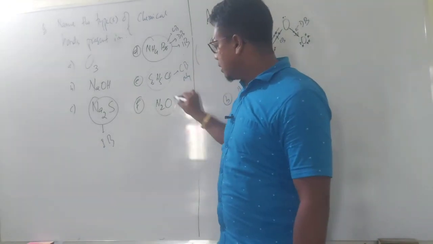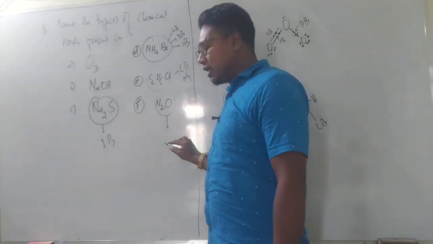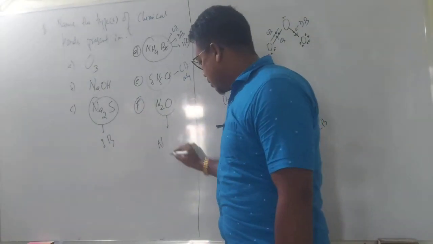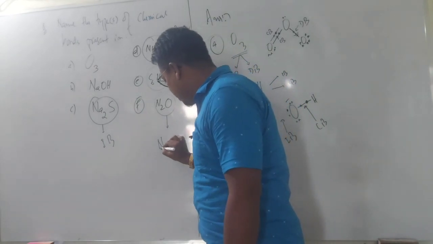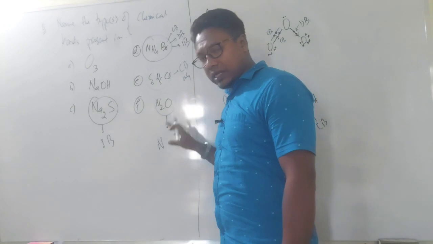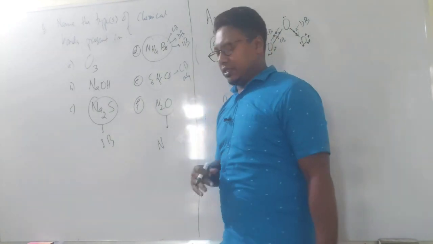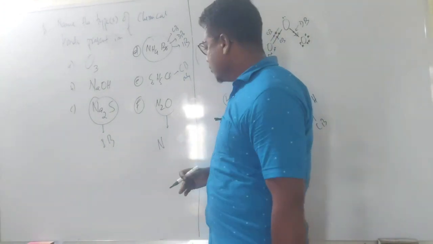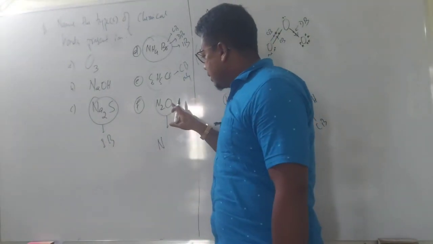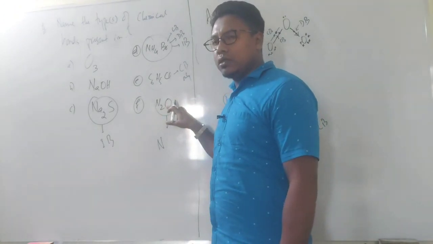N2O, this is a somewhat interesting compound. Let me draw the structure here quickly so that you have no confusion. Out of these two nitrogen atoms and oxygen, which atom will be the central atom? The central atom will be oxygen or one of the nitrogen atoms, right?